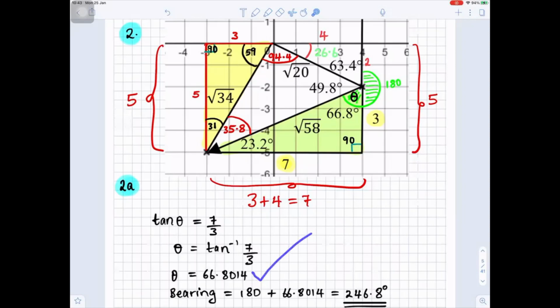In your calculator, it gives you 66.8014 degrees. So the bearing is this angle from the north all the way around. That's the bearing there. So you add 180 plus 66.8, which gives you 246.8 degrees.